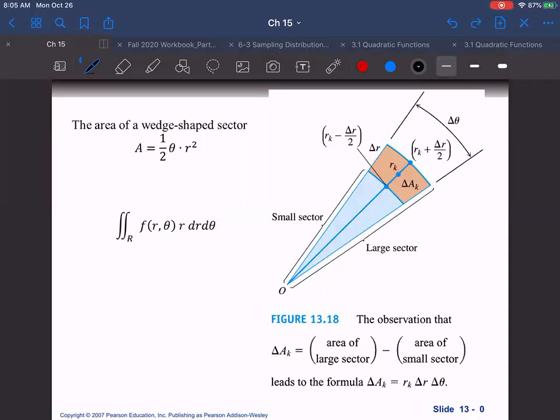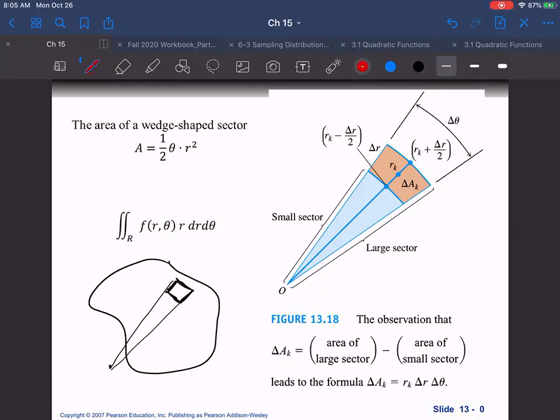I prefer my version, because I always thought it was a little more straightforward. If I'm looking out at some little areal element right here, I have a little step here, dr, stepping up that way.